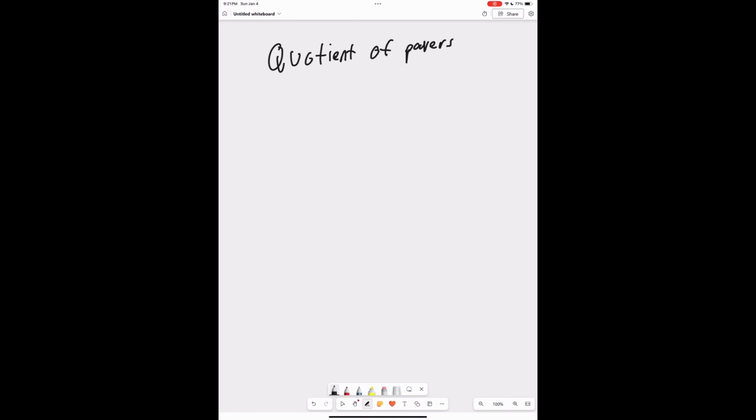So if we have a to the m divided by a to the n, this is going to equal a to the m minus n. And a cannot equal 0, because if we make a equal to 0, we get 0 to the 2 divided by 0 to the 1, and we'd have a 0 in the denominator. So just remember that your bases cannot equal 0.